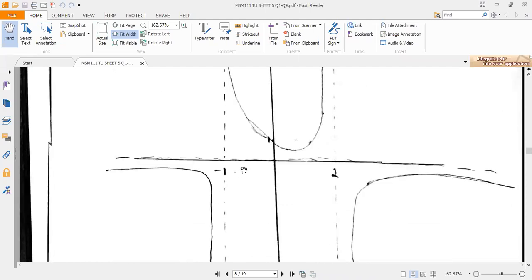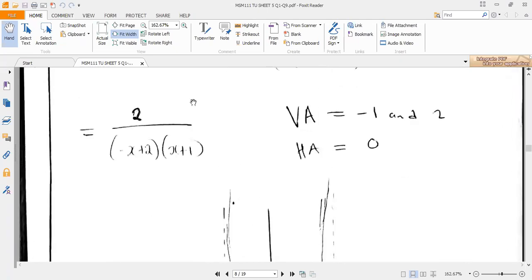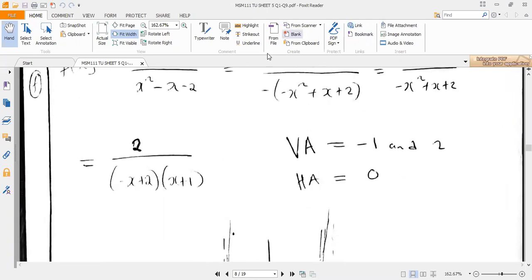So when we pick negative 0.5 in this region here, you discover that if we put negative 0.5 there, this guy will be positive, right? Negative 0.5 times that is positive. Positive plus positive is still positive. So we have positive there, right? Then here we have negative 0.5 plus 1, which is still positive, because negative 0.5 plus 1 is positive 0.5, right? So we have positive there again. So on top here, the 2 is positive, isn't it? Now, positive divided by positive is still positive.